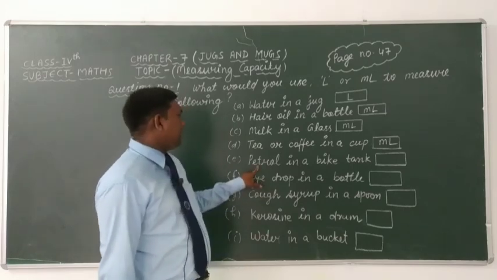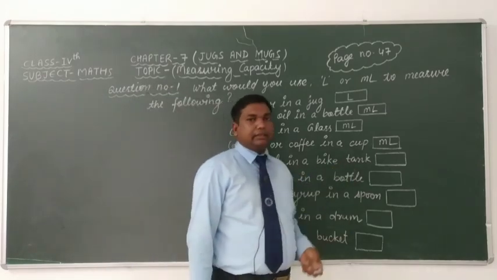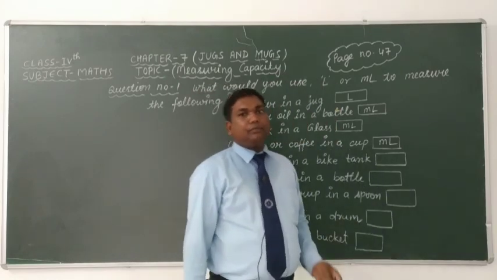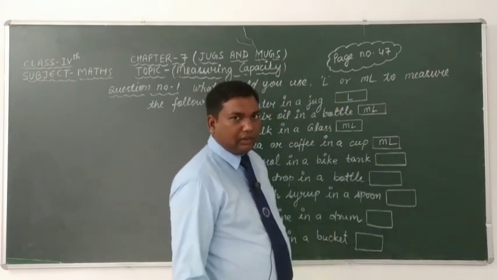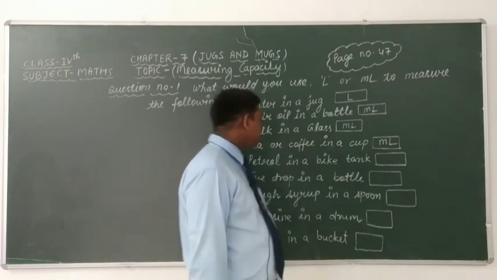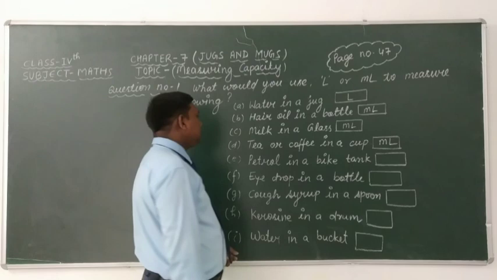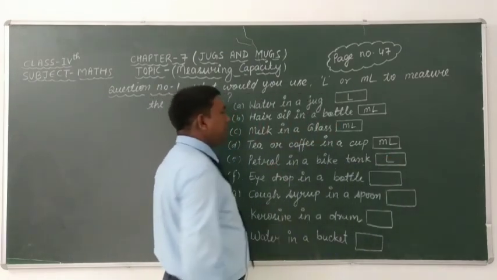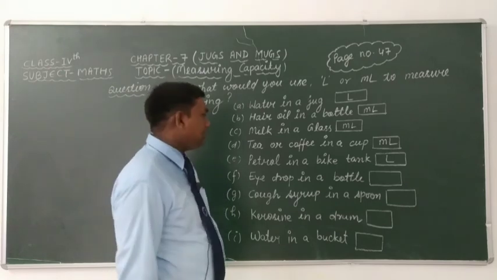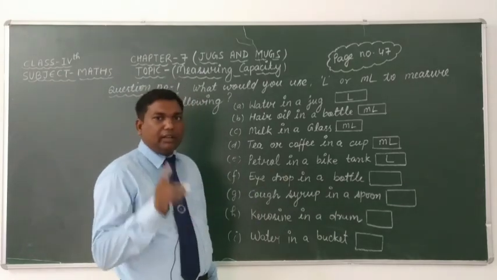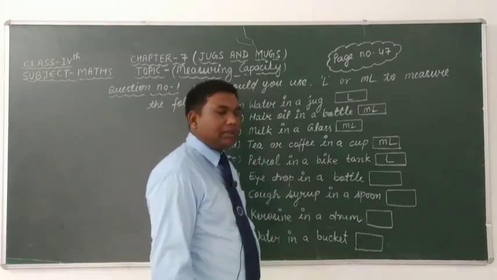We know that a bike tank has larger quantity. Therefore here we use liter to measure petrol in a bike tank. Understand? Okay students, if any student has a doubt in this question, please ask me on my personal WhatsApp number.